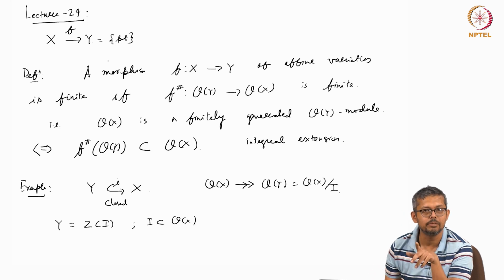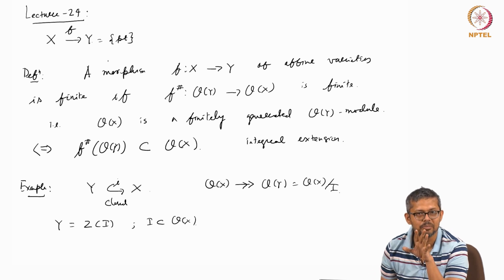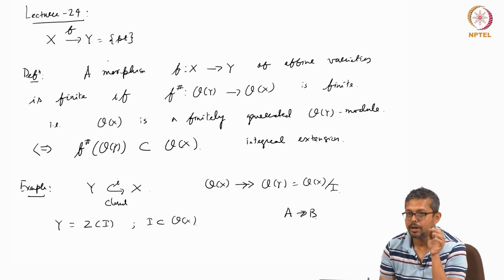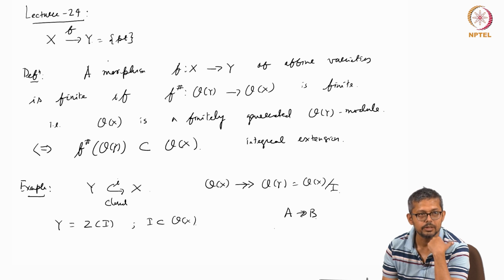Any surjective K-algebra map is always a finite module map. If A to B is surjective, and B is a K-algebra, then B is always a finite A-module. It's clear?